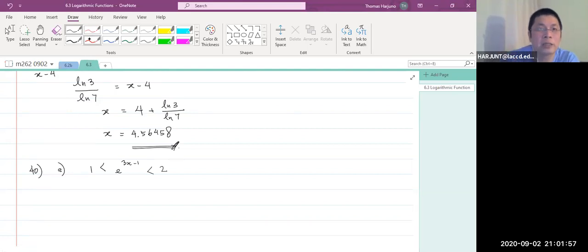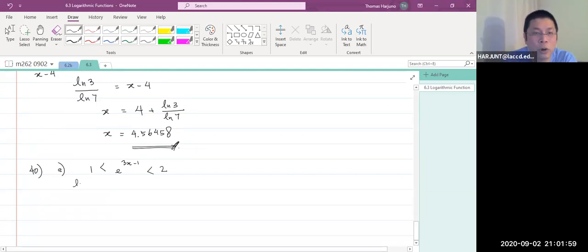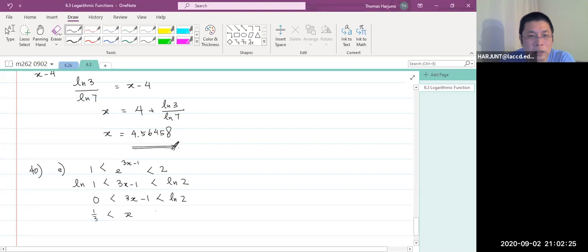So in that case, I can apply natural log to all 3 sides at once. This is 0 less than 3x minus 1 less than natural log of 2. I add 1, divide by 3, so 1/3 less than x less than (1 plus natural log of 2) over 3.